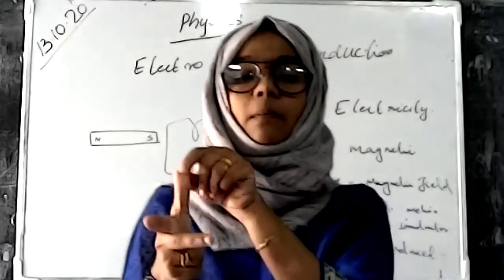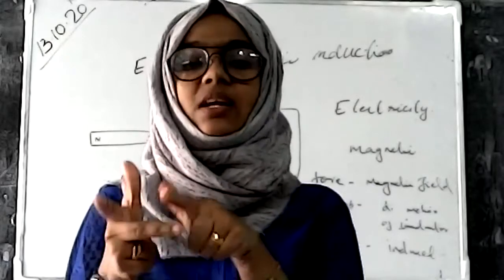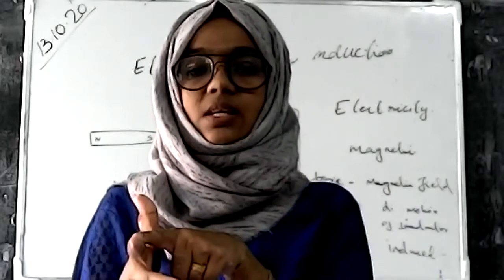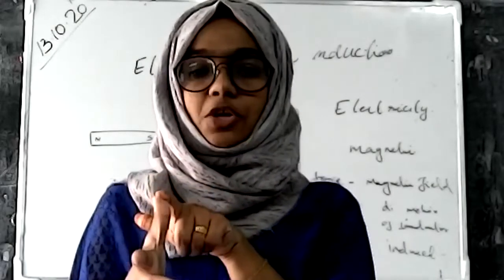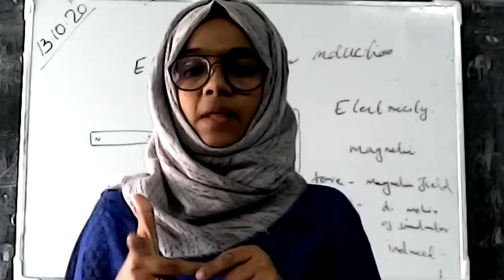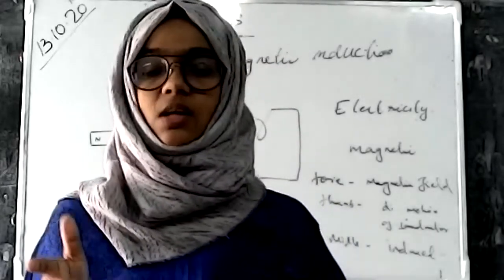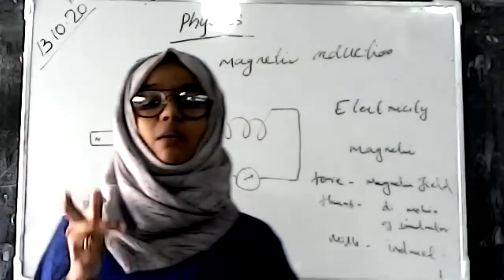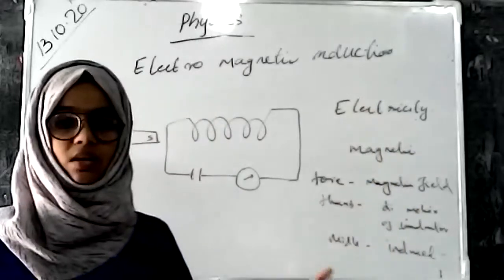The direction of motion of the conductor is perpendicular to the magnetic field and induced current. And the induced current is perpendicular to the direction of motion of the conductor and the magnetic field. These three are mutually perpendicular to each other. So this is Fleming's right-hand rule based on electromagnetic induction.